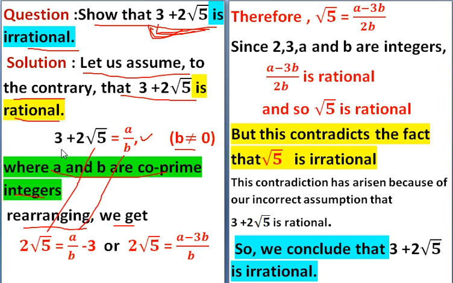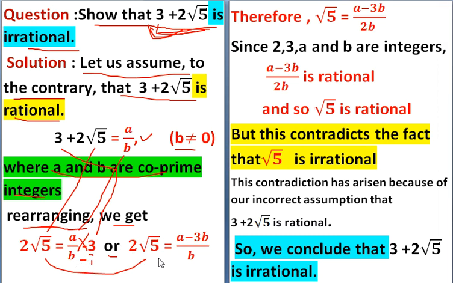and this 3 goes to the other side, and when it goes to the other side it becomes negative, and by solving this we get 2 root 5 equal to, by cross multiplication, a minus 3b by b.